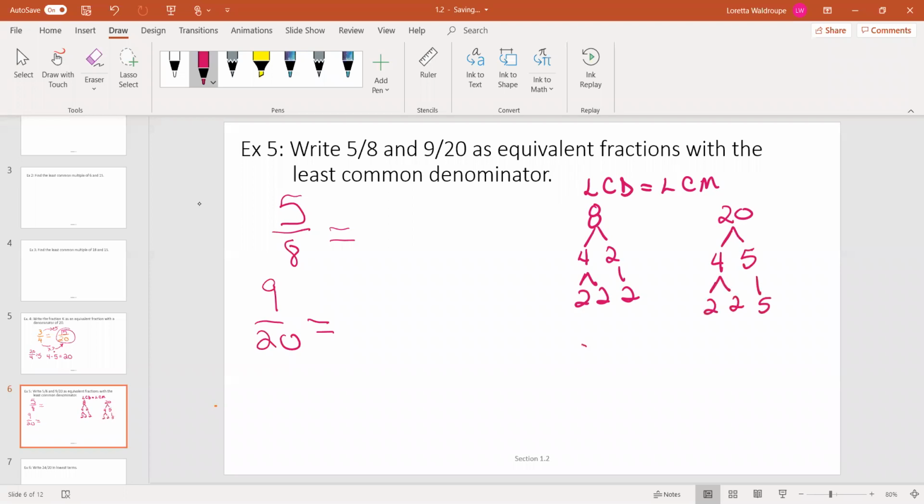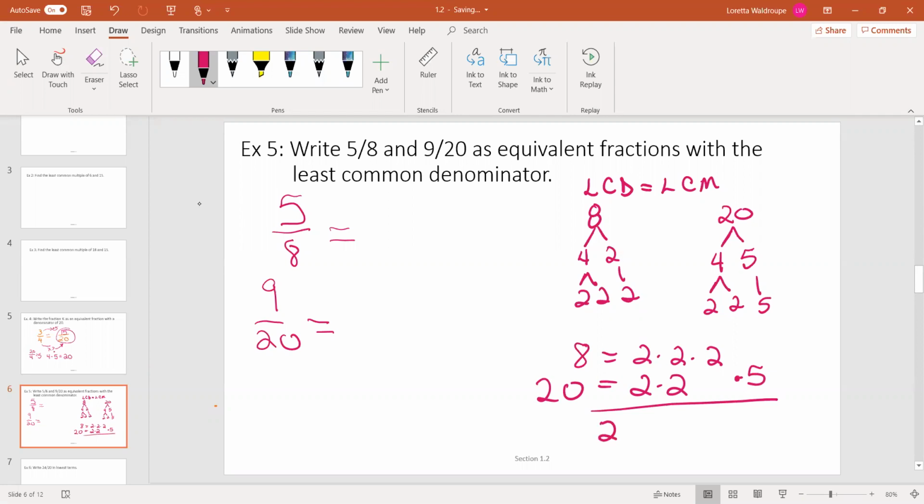So I have, line them up, 2 times 2 times 2 for 8. And for 20, okay, why did my pen quit? We have 2 times 2, but 5 doesn't match 2, so I got to write the 5.